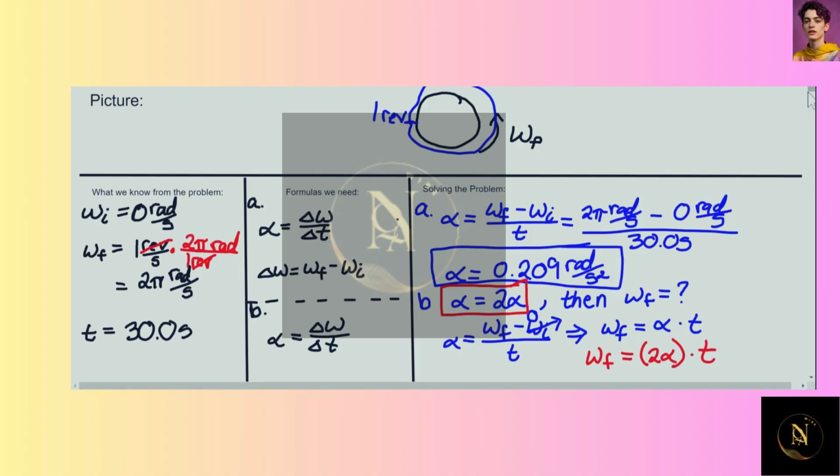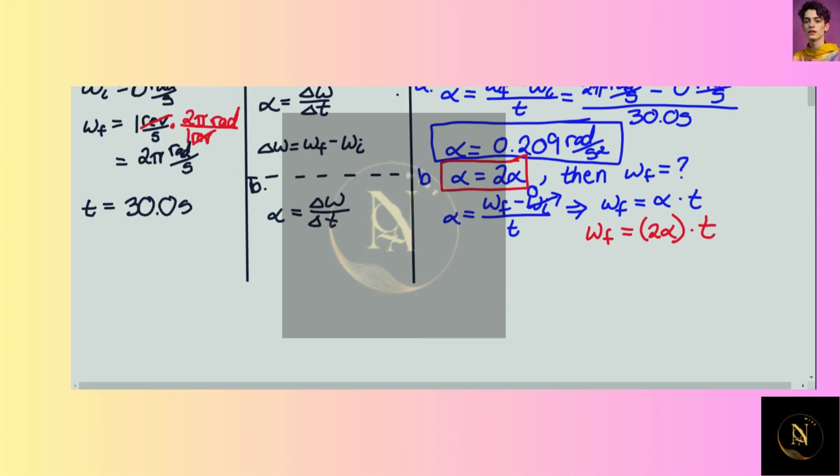If we look at our answers, the new final is equal to, let's write this in black now, 2 times alpha times t. And we can say that this alpha t from before is what we got for our first answer, our omega final in blue.